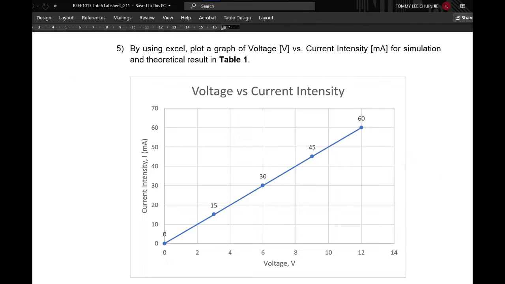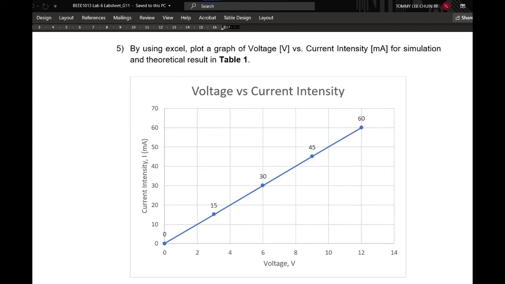Okay, moving on to question 5. We have plotted a graph on Microsoft Excel of voltage versus current intensity. For both the simulation and theoretical results in our table 1, our result shows that as the voltage increases, the current intensity will increase as well.